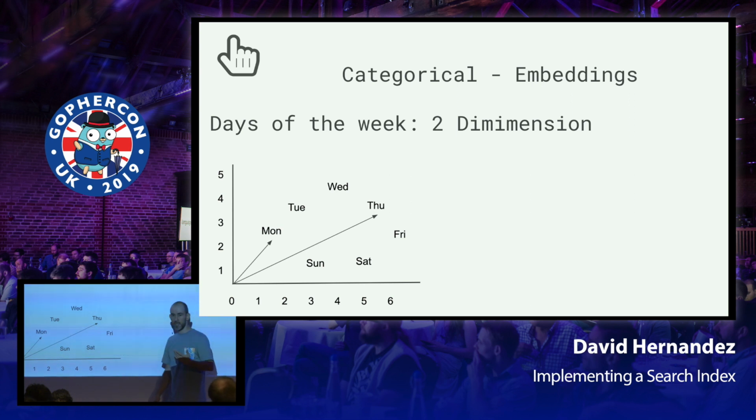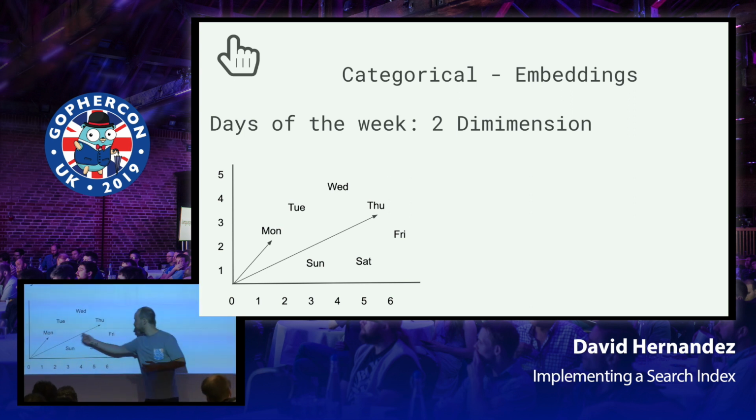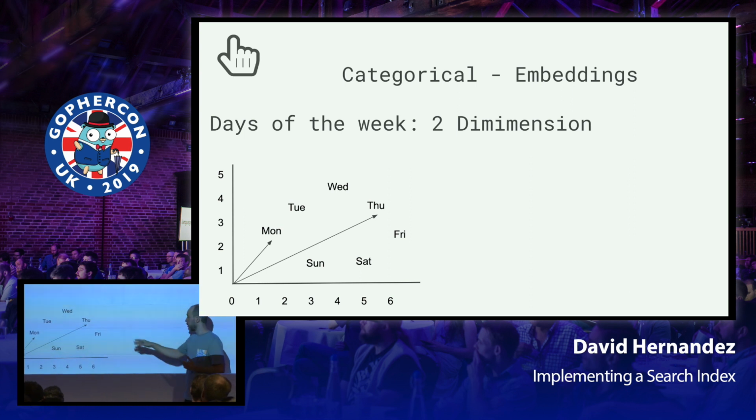So we can easily, in 2-dimensional space, draw a circle around the weekend, or group the first days of the week, or clearly see what is the middle of the week, isn't it? It's just a much better representation of the days of the week. So it captures the meaning of a day of the week.